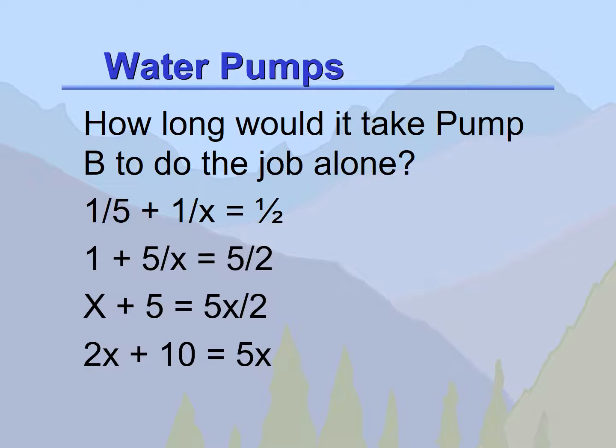So a little algebra: we'll subtract 2x from both sides, and we get 10 equals 3x, or x is 10 over 3, which is 3 1/3. So pump B would take 3 1/3 hours to do the job all by itself.